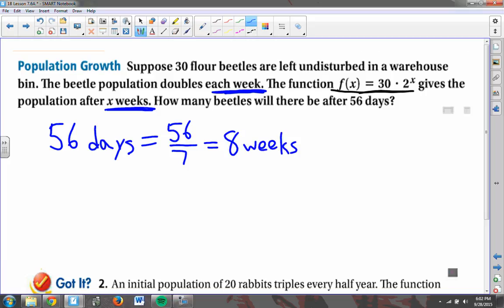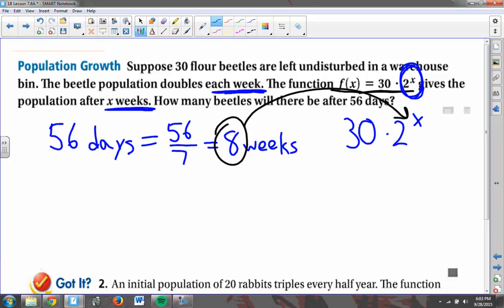Right? 8 weeks. So x weeks is in my expression right here, 2 to the x, and they tell me that the x is the number of weeks. So instead of saying 30 times 2 to the x, for this evaluation, I actually want to say 30 times 2 to the 8. I'm just taking my 8 and putting it in where the x is. Right?